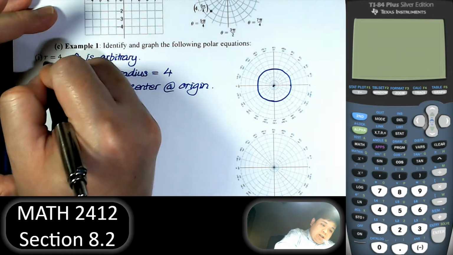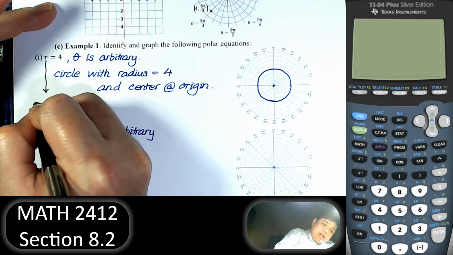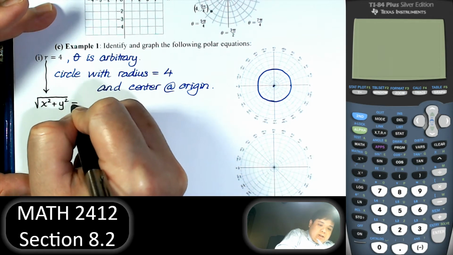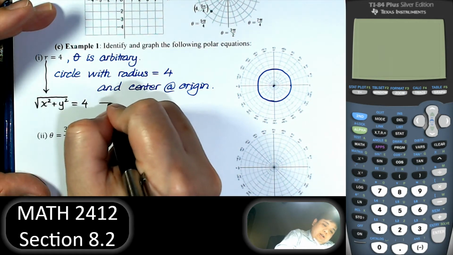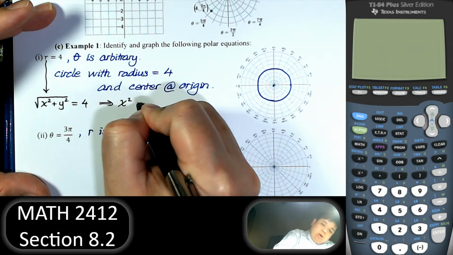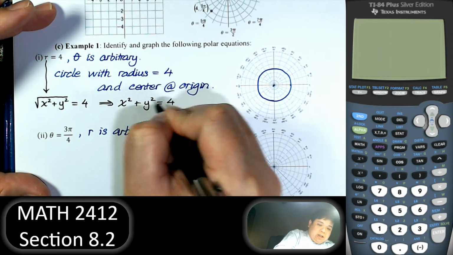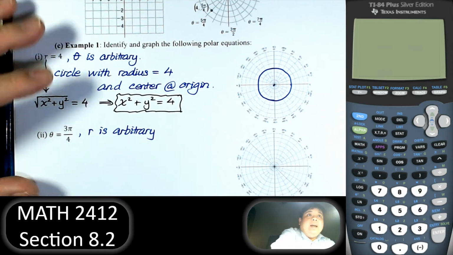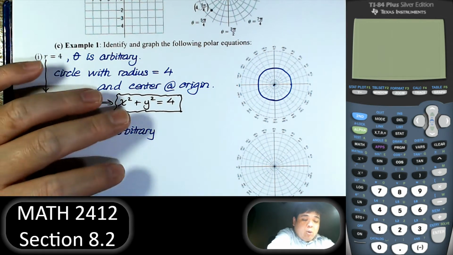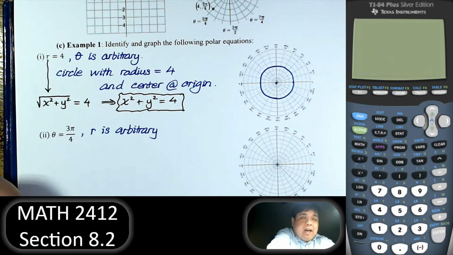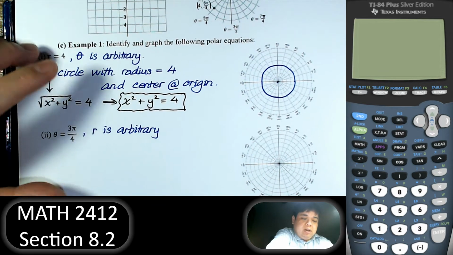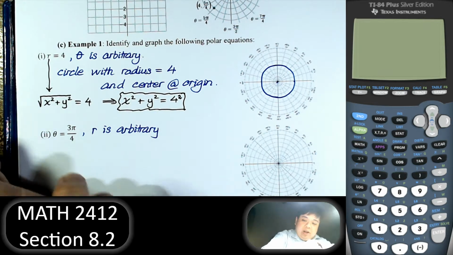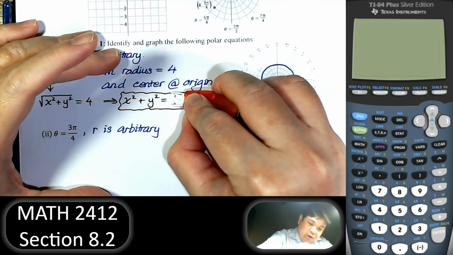Remember, r is the square root of x squared plus y squared. Square both sides, so we have x squared plus y squared equal to 4 squared, or 16. So x squared plus y squared equal to 16 is equivalent to r equal to 4.